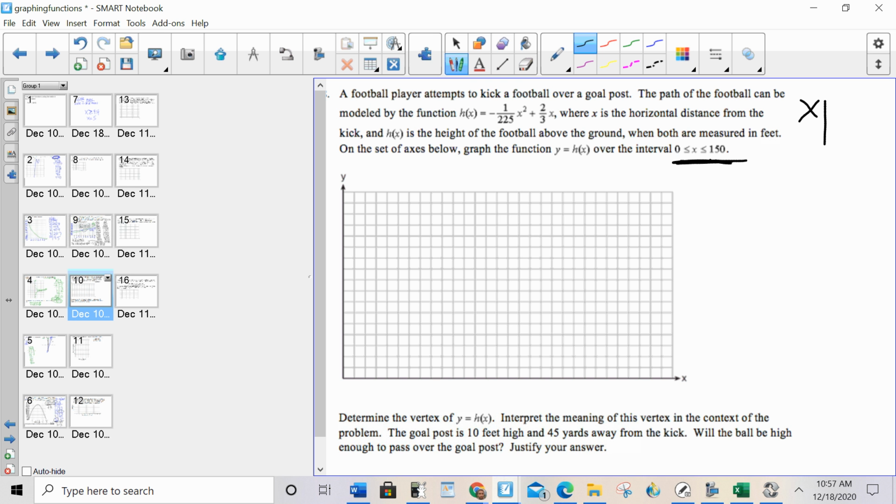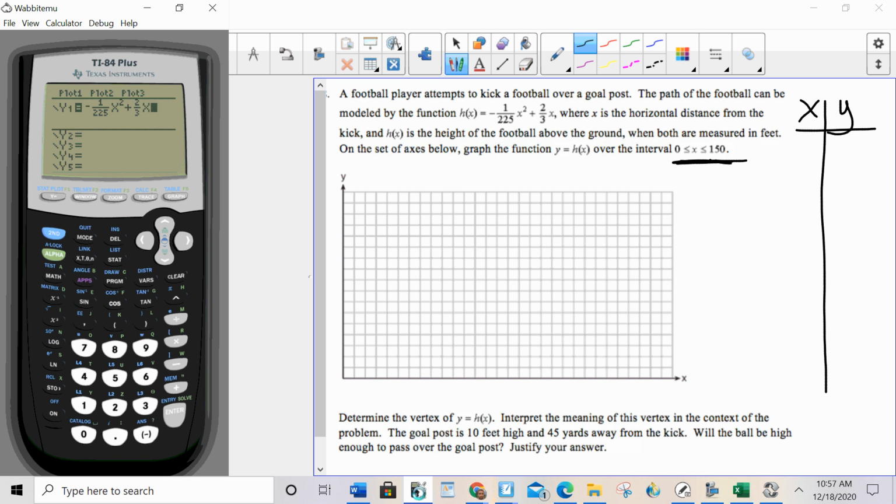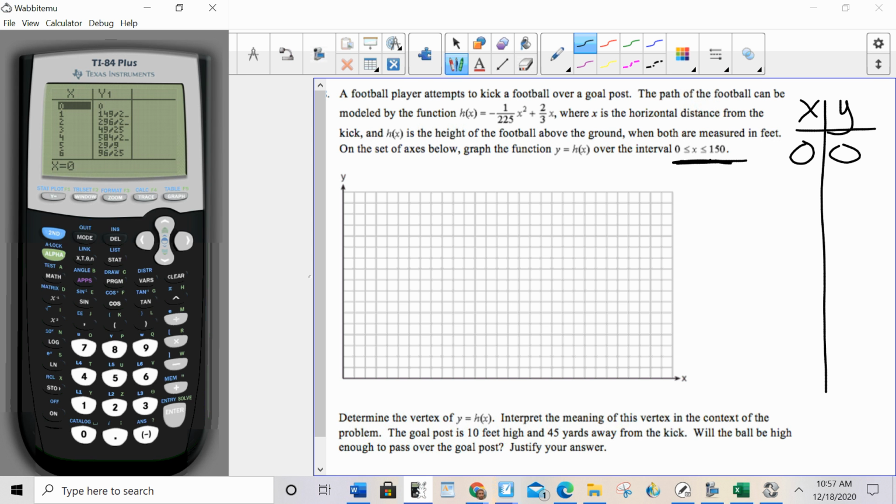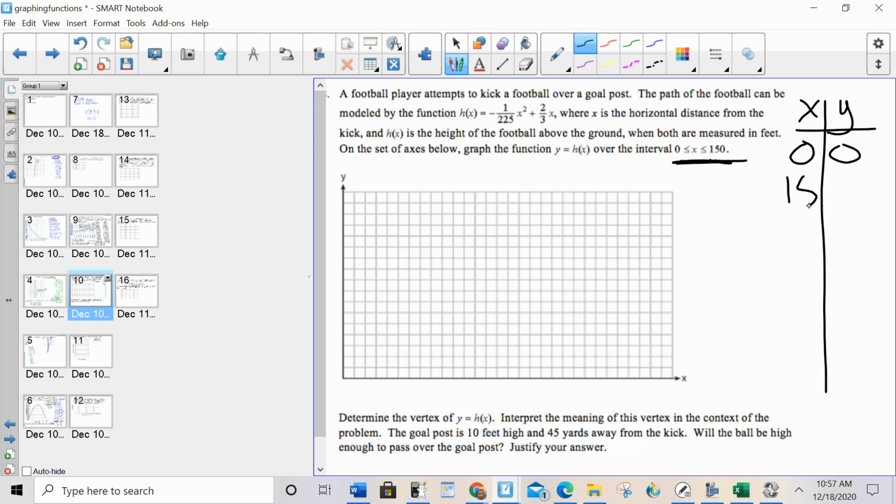So when I go to my table, 0, 0 is a nice point. So I'm going to write that. That's not a nice point. That's not a nice point. I see all these fractions there. I don't want those. 15 looks good. 15, 9.